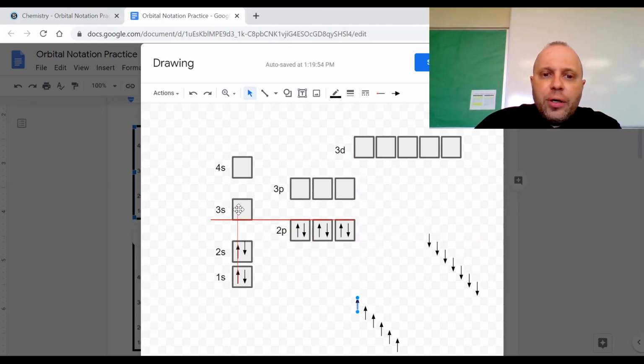For the 3s, you'll have 1 pointing up, 1 pointing down. For the 3p, again, you'll have 3 that are pointing up, and 3 that are pointing down.